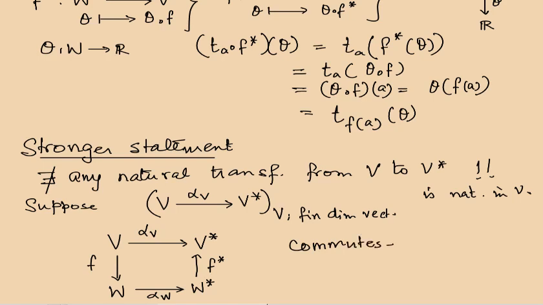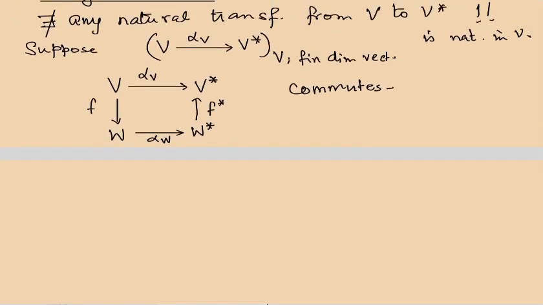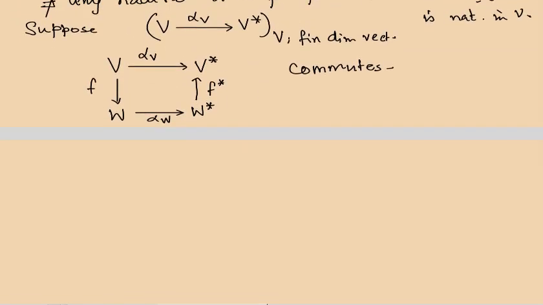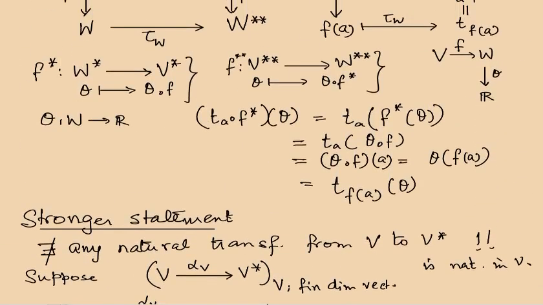Okay? All right. Take the zero linear transformation. Everything is taken to zero. So then everything over here will also be taken to zero. W star to V star is zero. Right?